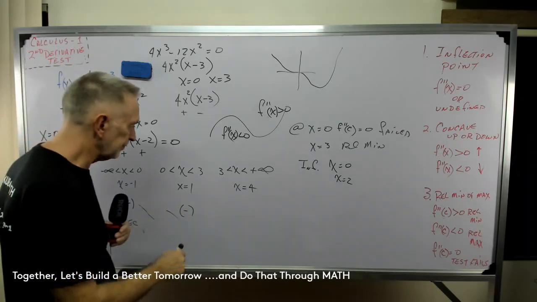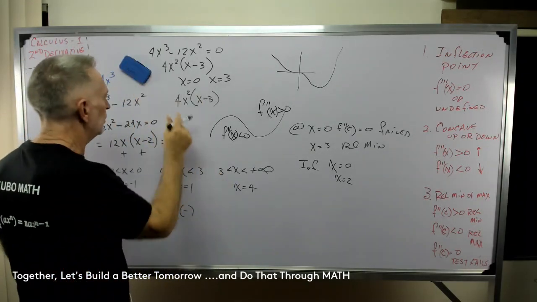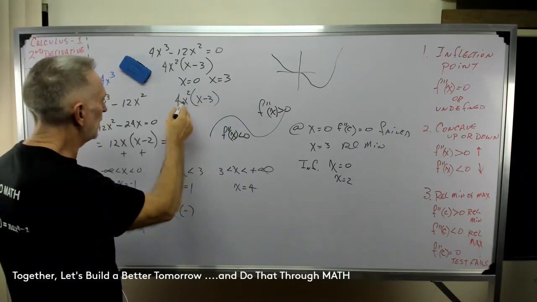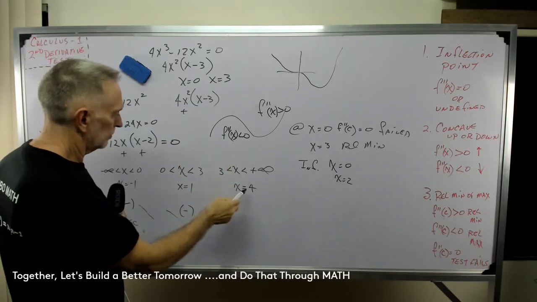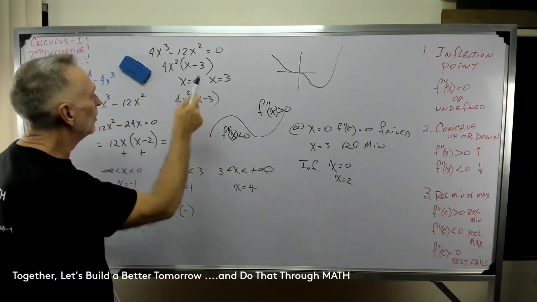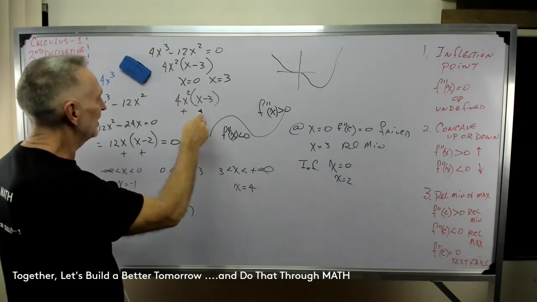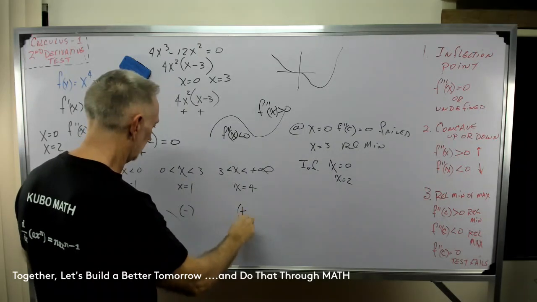All right. Let's let x equal 4. So 4 squared is positive times 4 is positive. 4 minus 3 is 1, that's positive. Positive times positive is positive.